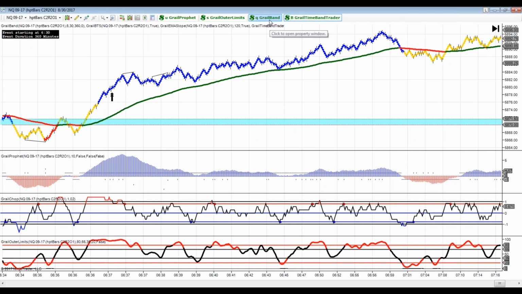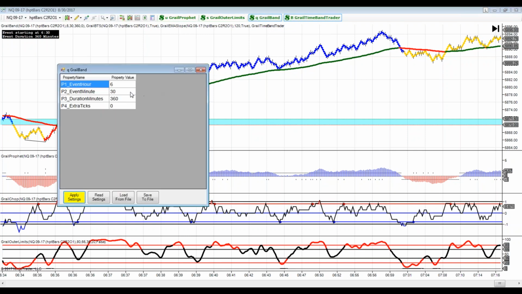When that indicator comes up, I forget what the default time is on it, but you need to change it to the time you want it to create your OP. For the equities, I create that at 6:30 my time, Pacific, which is 9:30 Eastern.